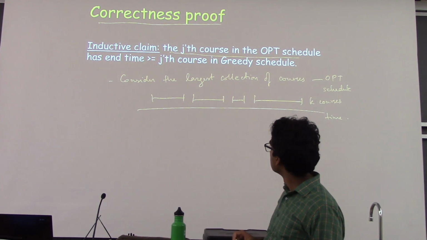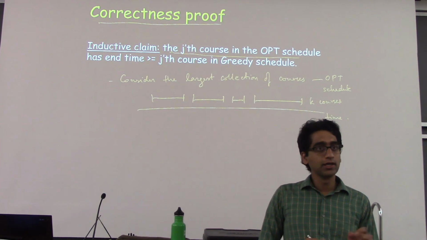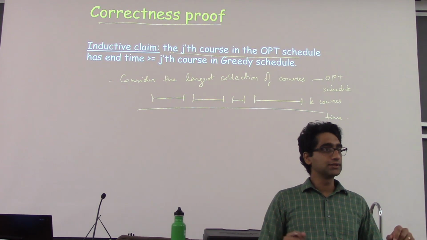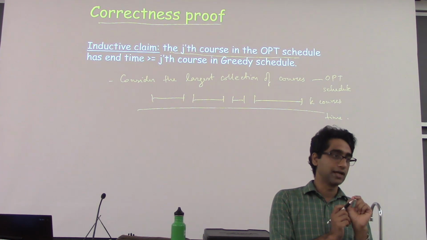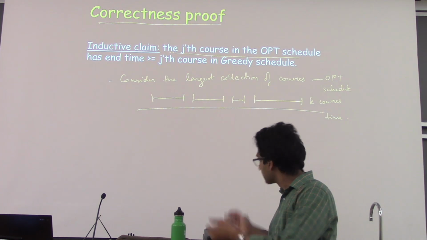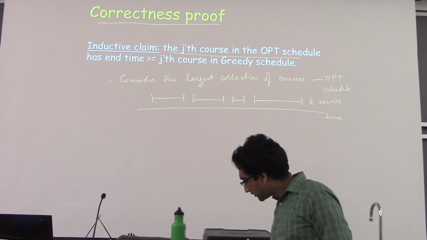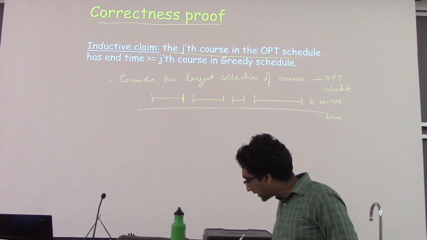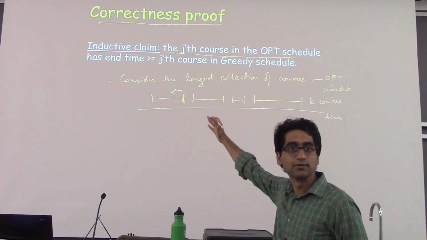Initially, when you haven't picked any courses, the greedy algorithm was picking the one that had the smallest completion time. By completion time I mean ending time. So the greedy algorithm was picking something that ended at most earlier than this, right?